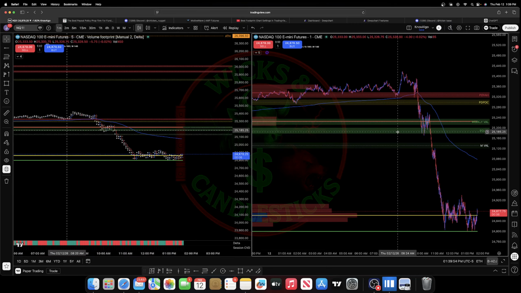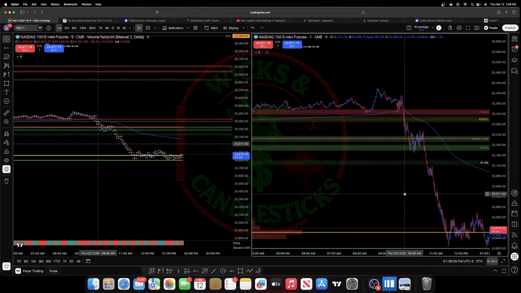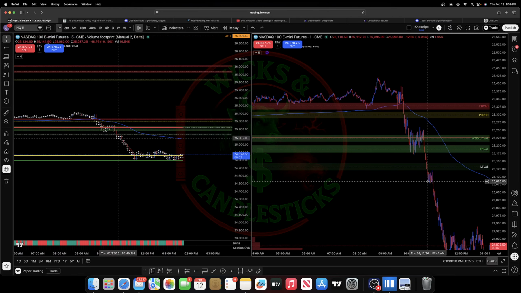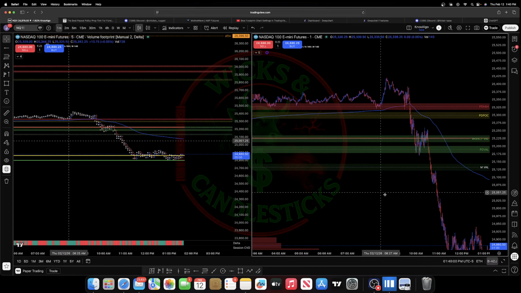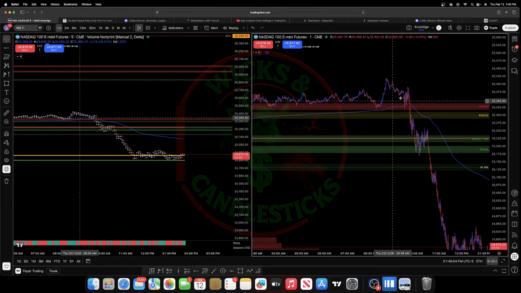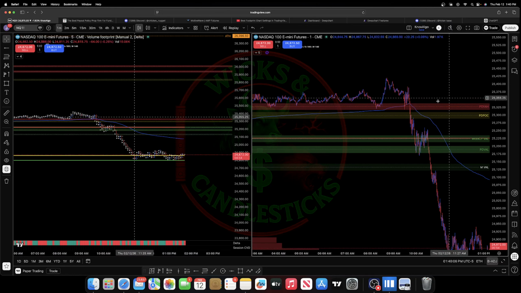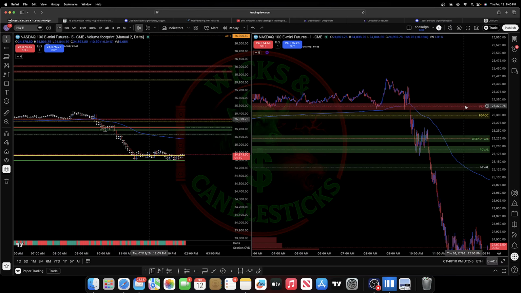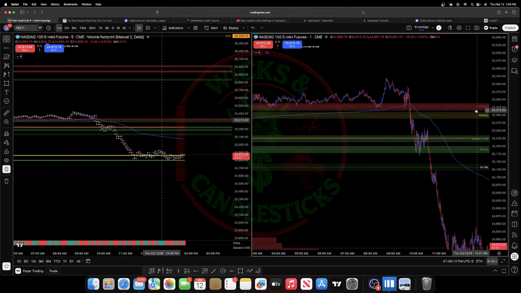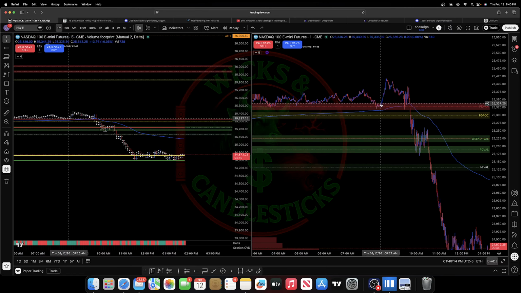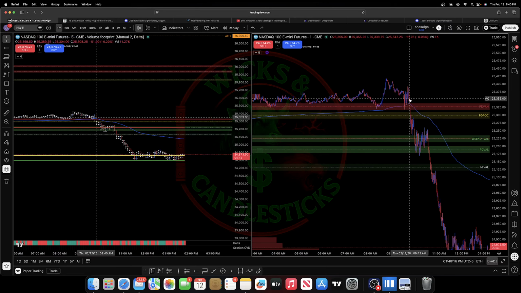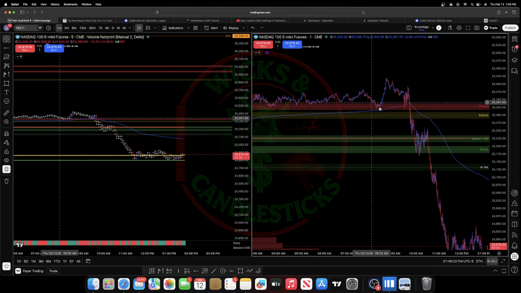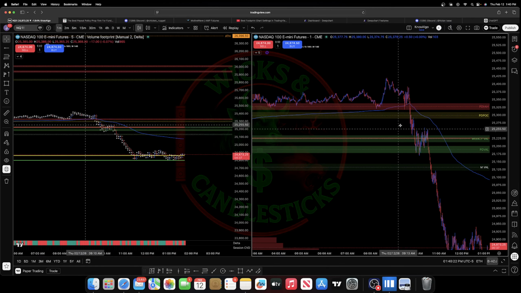When I got up this morning, at about 8:30, I saw that we were above the previous day value area high. Because of that, I'm going into the market at 9:30 to see if this is going to serve as a support instead of a resistance.